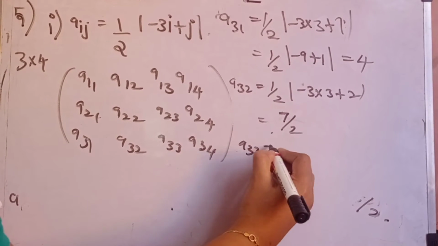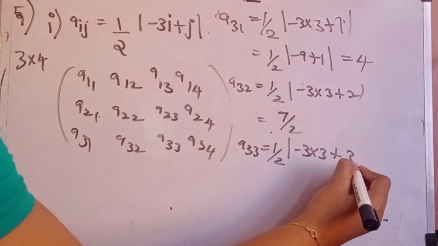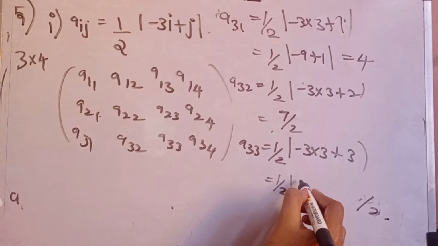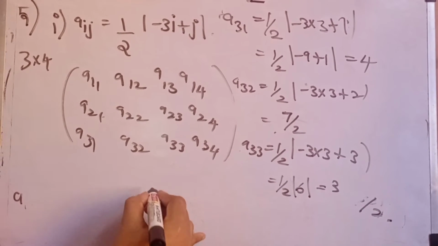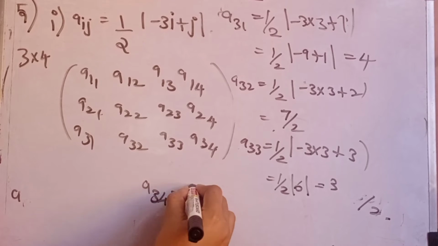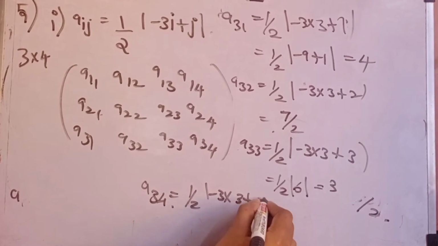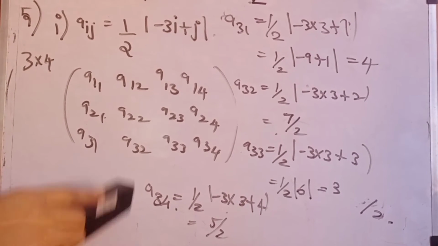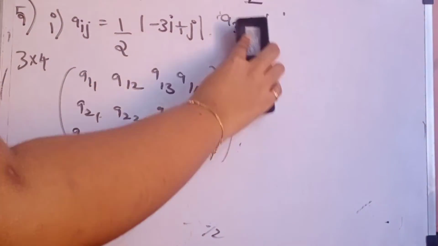A33 is 1 by 2 minus 3 into 3 plus 3. So 9 minus 3, 6, so 3. A34 is 1 by 2 minus 3 into 3 plus 4. So 9 plus 4, you will get 5 by 4. So we have found all the values. Now we are going to substitute all the values in the matrix.